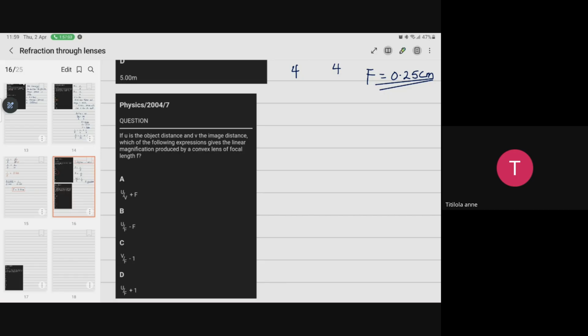If you are solving, give me a thumbs up. Nobody's solving. I should go ahead and solve. Should I go ahead and solve?